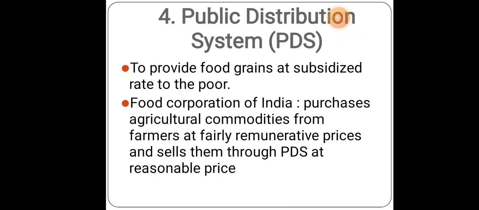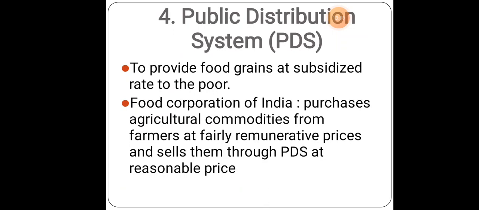Lastly, the public distribution system. As I have taught earlier in the earlier chapters, what is PDS, the public distribution system? The government will purchase the food grains from the farmers directly and give them to the poor or the needy at a low price.